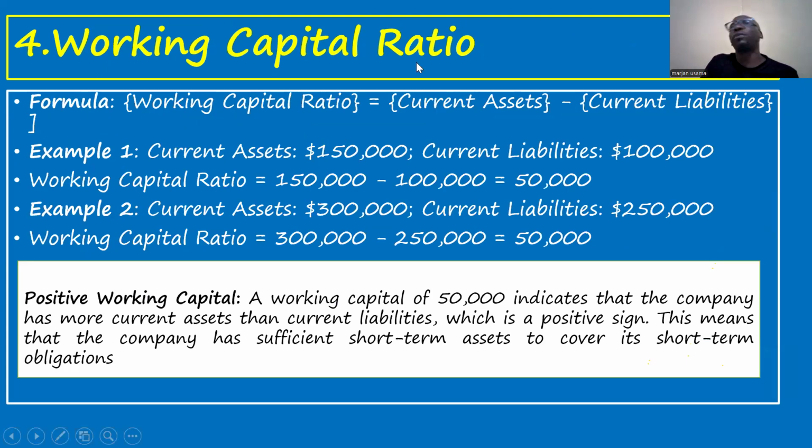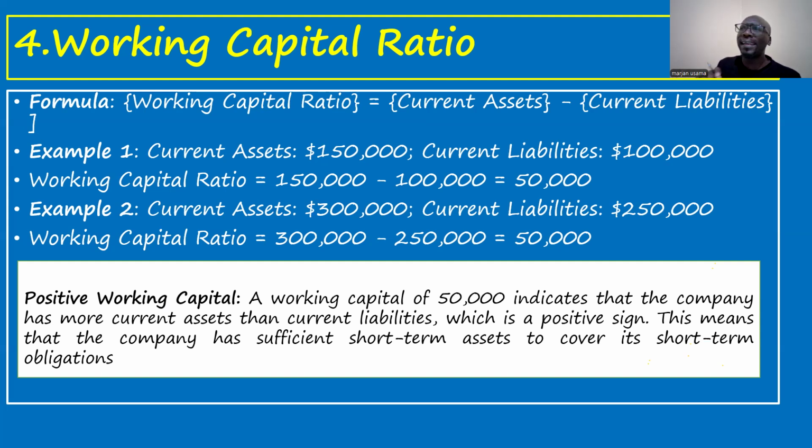Now, the working capital ratio, this is very easy. So the formula for the working capital ratio, you just take current assets minus current liabilities. If you get a positive number, it basically means our current asset can cover our current liabilities.